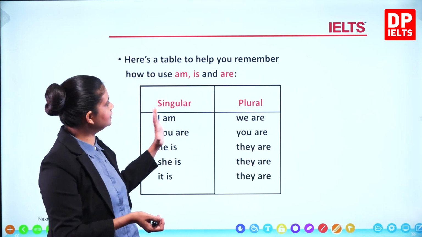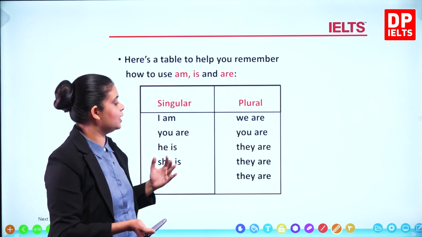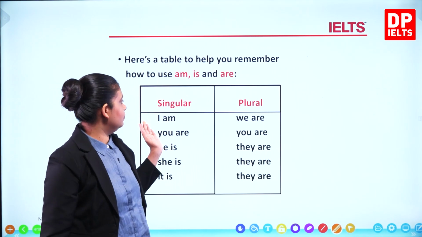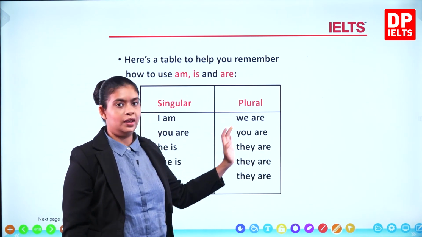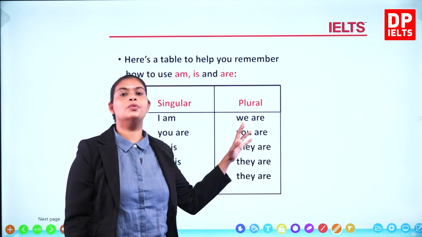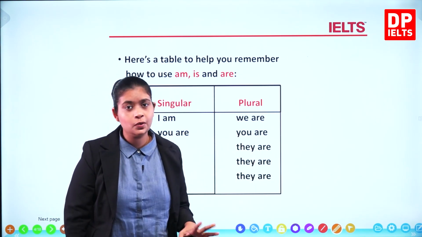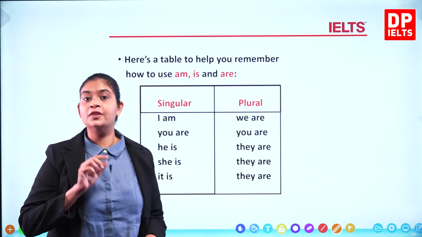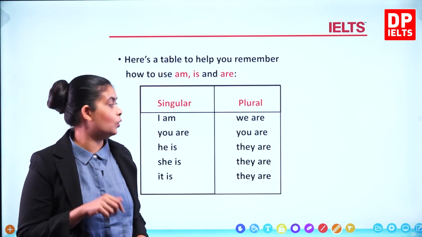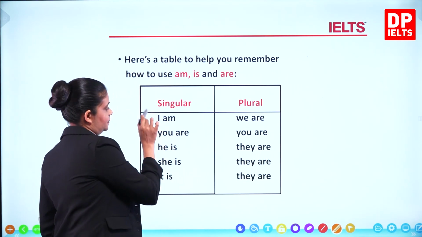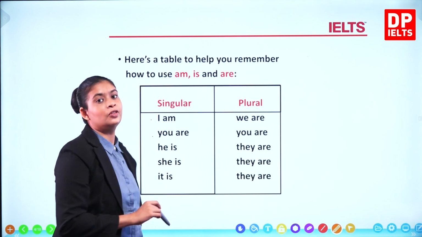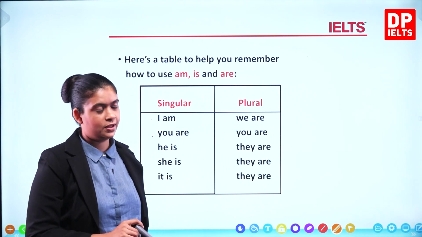Then here is a little table for you to remember what I just told you, right? I am, plural becomes we are. Singular, you are, plural also you are. That does not change. If you can remember, when we did the first person, second person and third person, I taught you. So actually this is the first person, this is the second person, and these are third person examples.